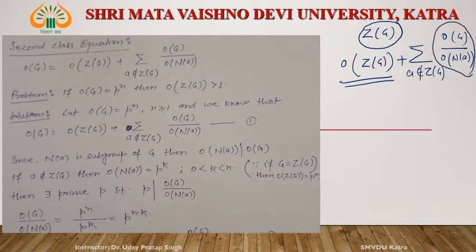Take the summation of this factor only for those normalizers which are not in ZG. This is the second class equation.